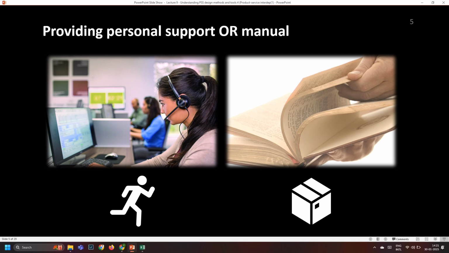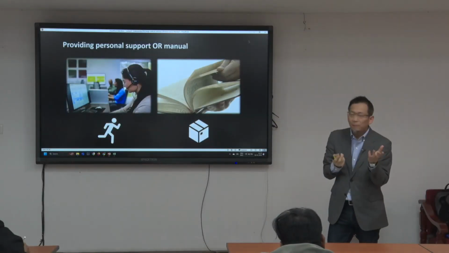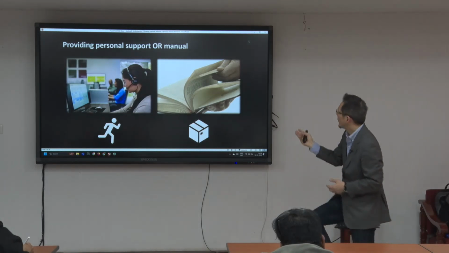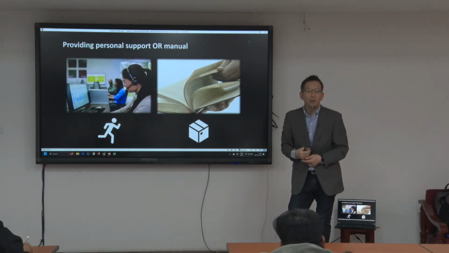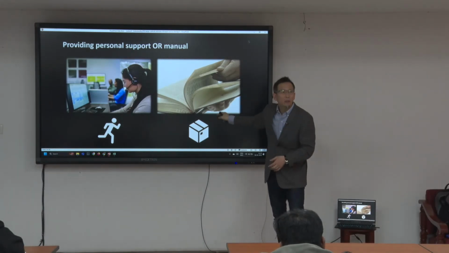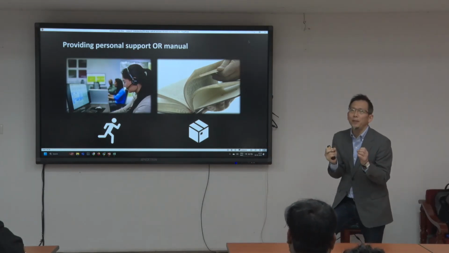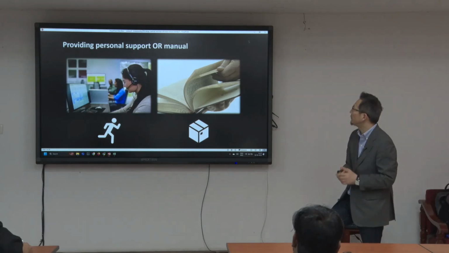For example, a customer wants some information to answer his or her question. And then that customer value can be met either by you as a provider providing a help desk service or, for example, some kind of manual. It's a product, right? So both of these can be a measure to meet that customer value.